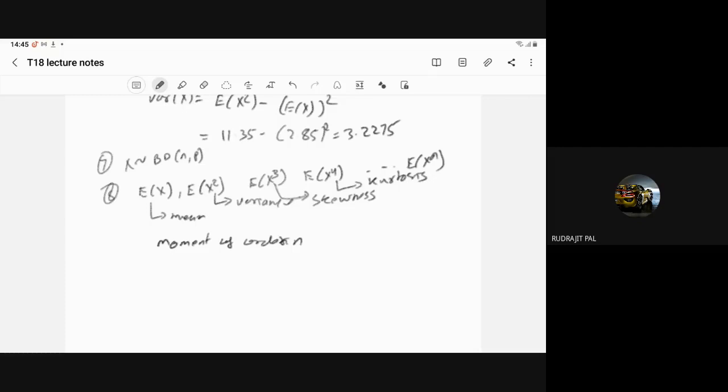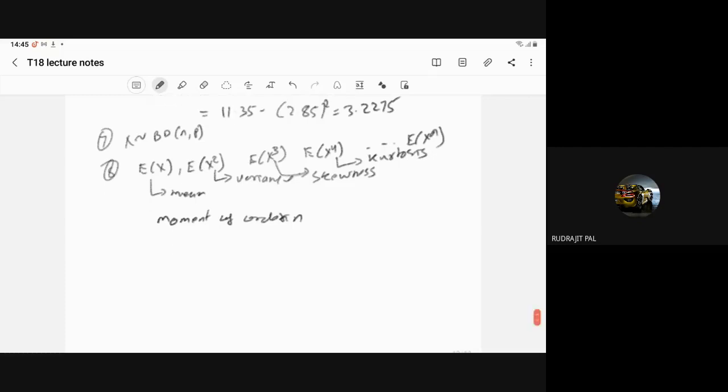For different purposes, we require different moments. So the question arises: can we generate these moments by a single function? Yes, we can. We have a very important function known as the moment generating function. As the name suggests, it generates the moments.